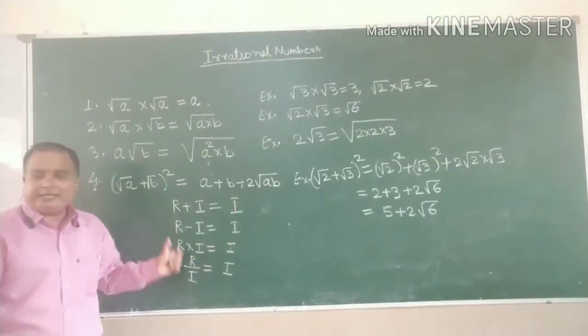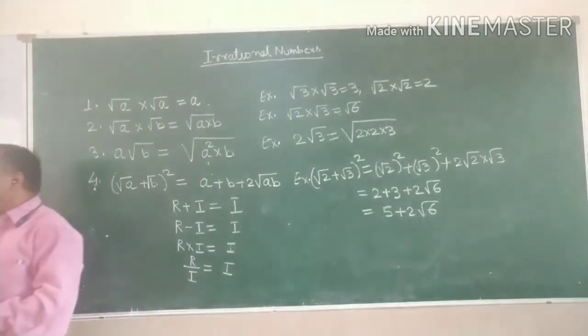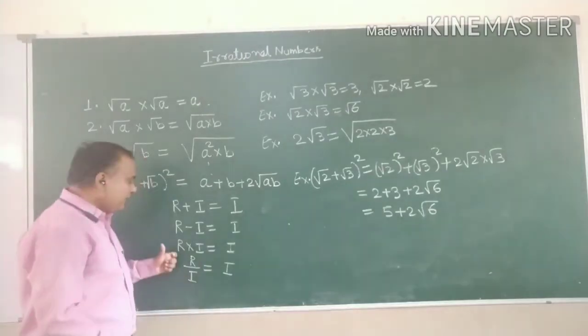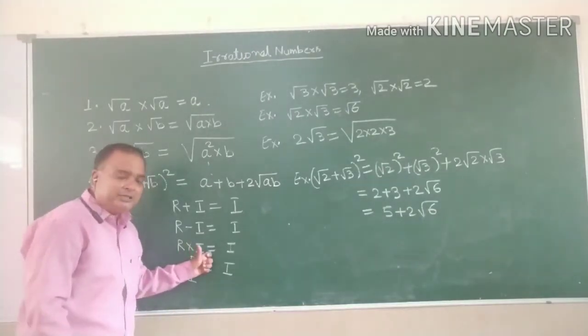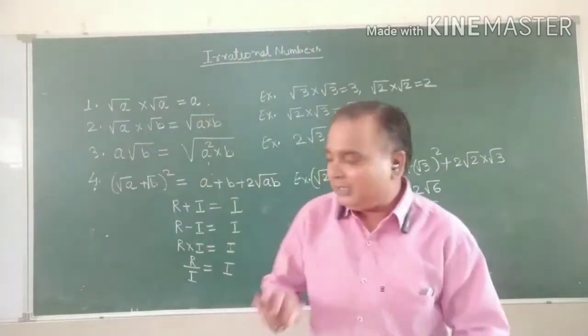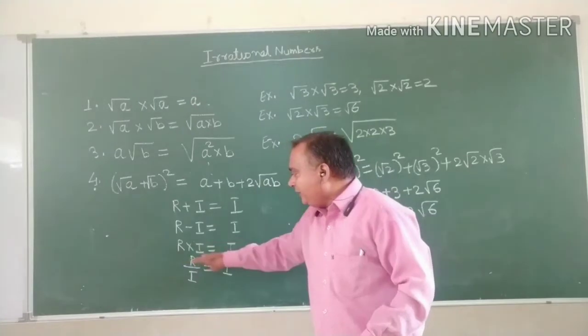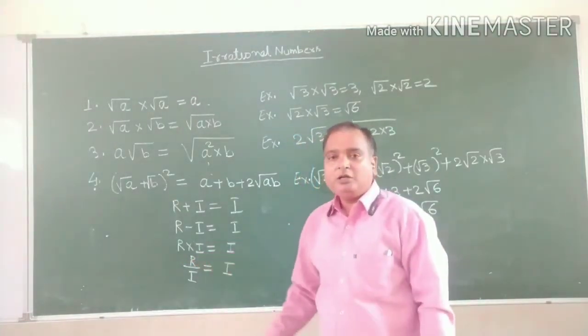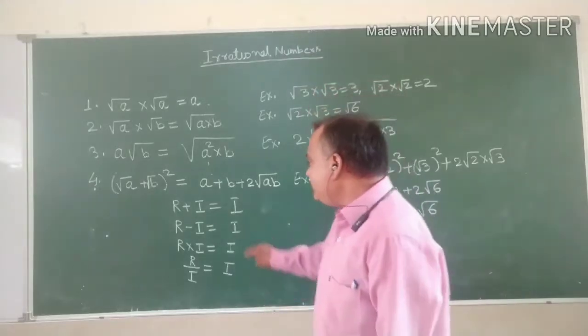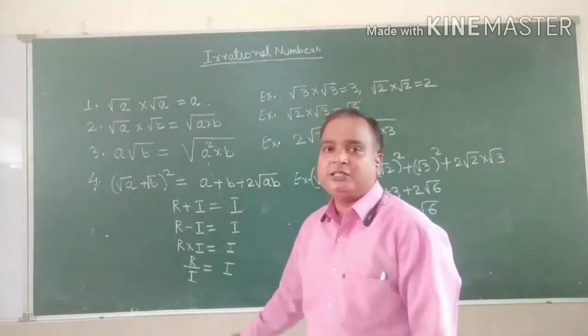If I subtract one rational and one irrational number, again the number will be irrational. Same in case of multiplication and same in case of division. When I multiply a rational number into an irrational number, or when I divide a rational number by an irrational number, always the result will be an irrational number.